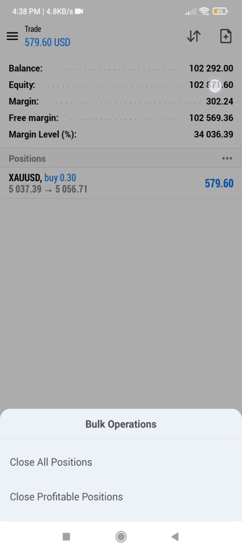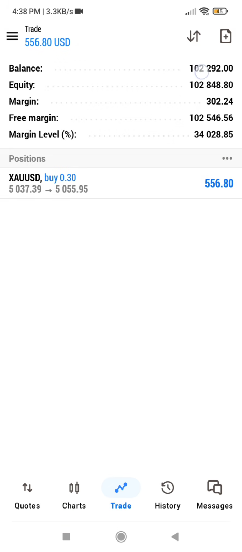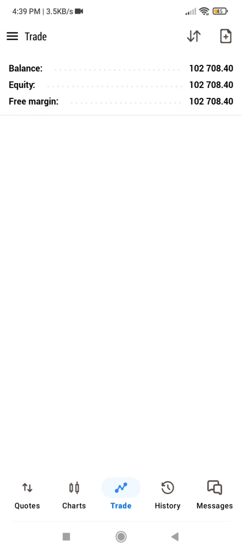Any amount that is here becomes the new balance, because I have now made profit. So you can see when I closed it, the equity now turned to the new balance and I have made profit. If I was in a loss and the equity was reading 99,000 and I close it, this balance becomes 99,000. So with this, we have come to the end.